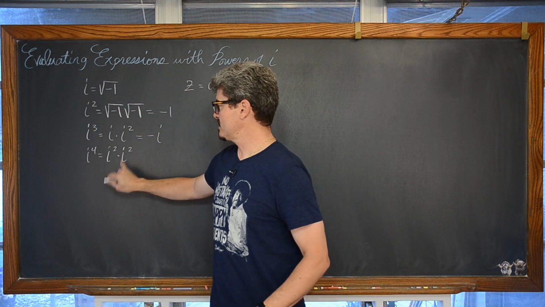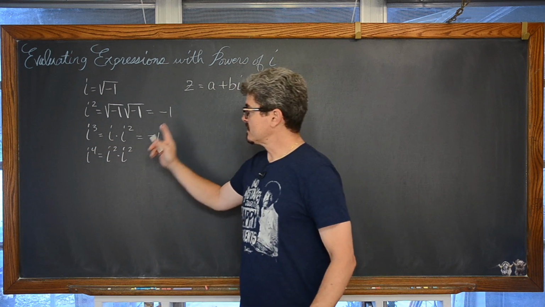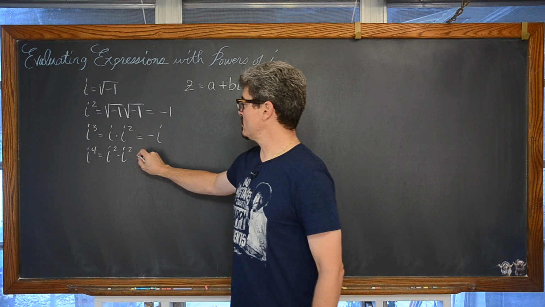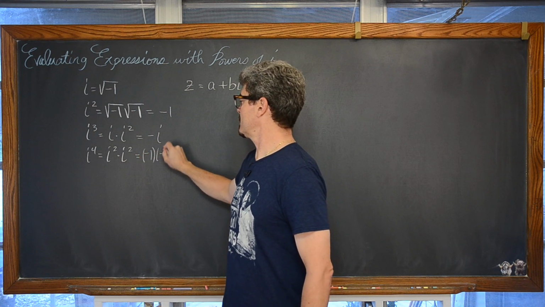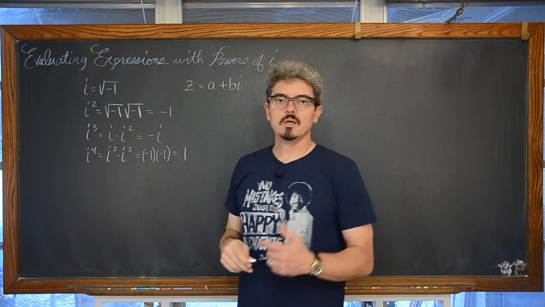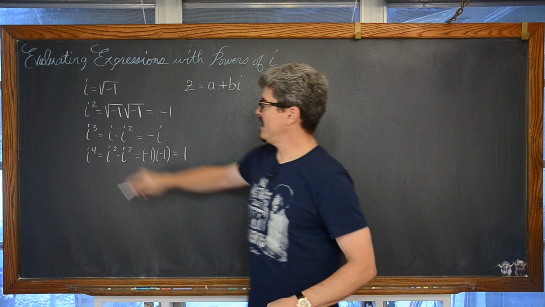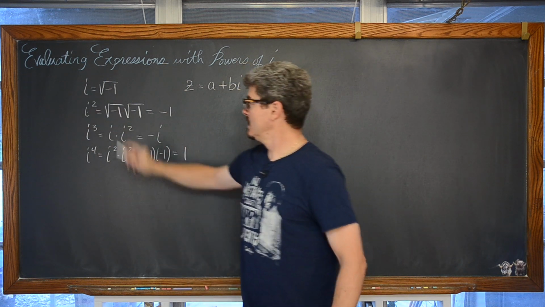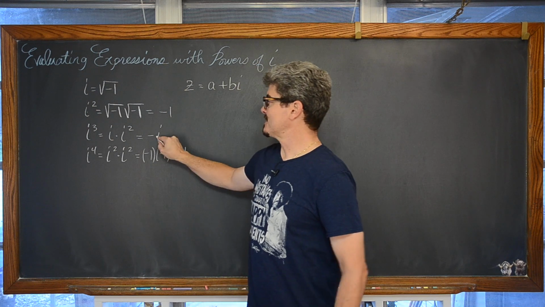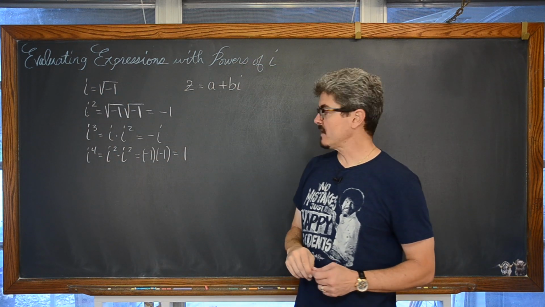When you multiply like bases, you add those exponents. So this is an equivalent statement. And i squared is equal to -1, so we're looking at -1 times -1, which is equal to 1. So basically, i squared is -1, i to the third is negative i, and i to the fourth goes back to 1.